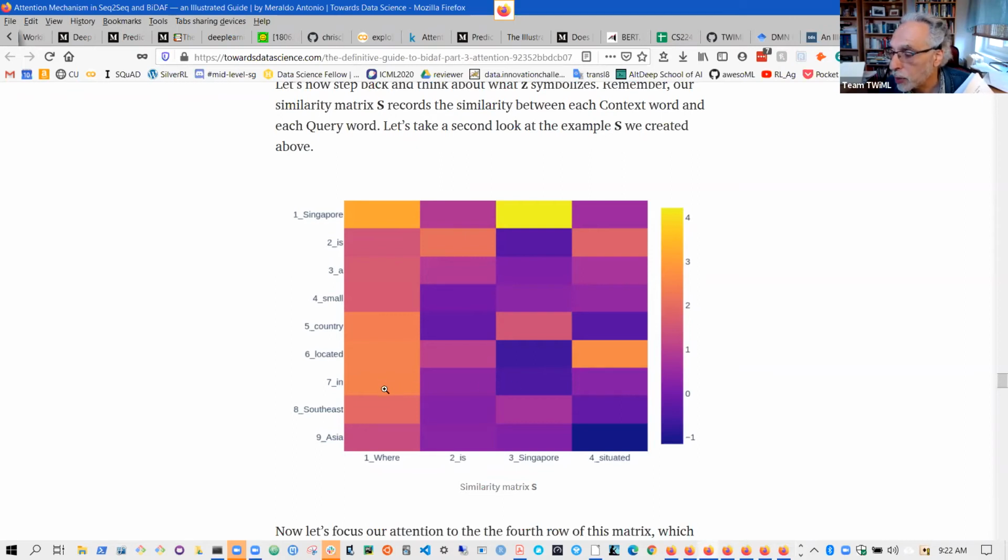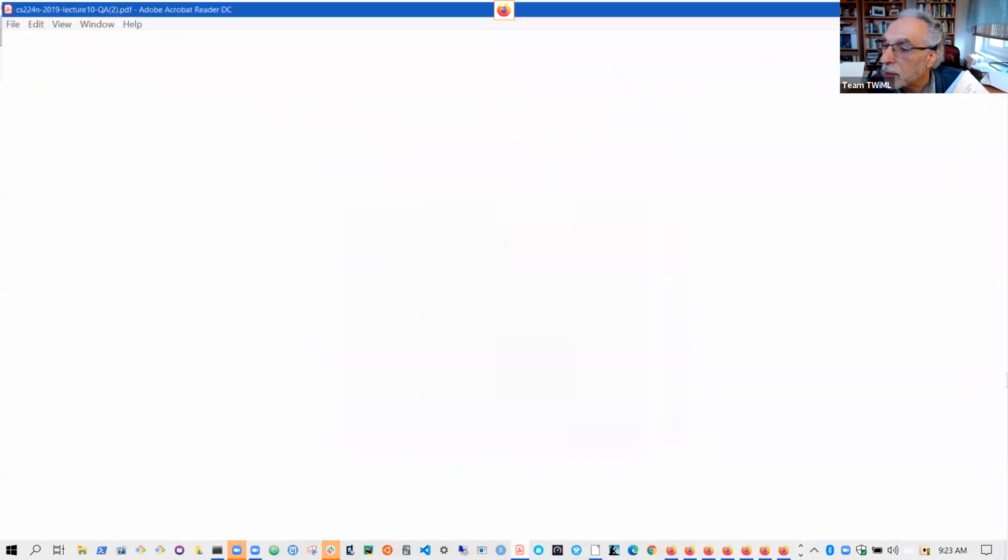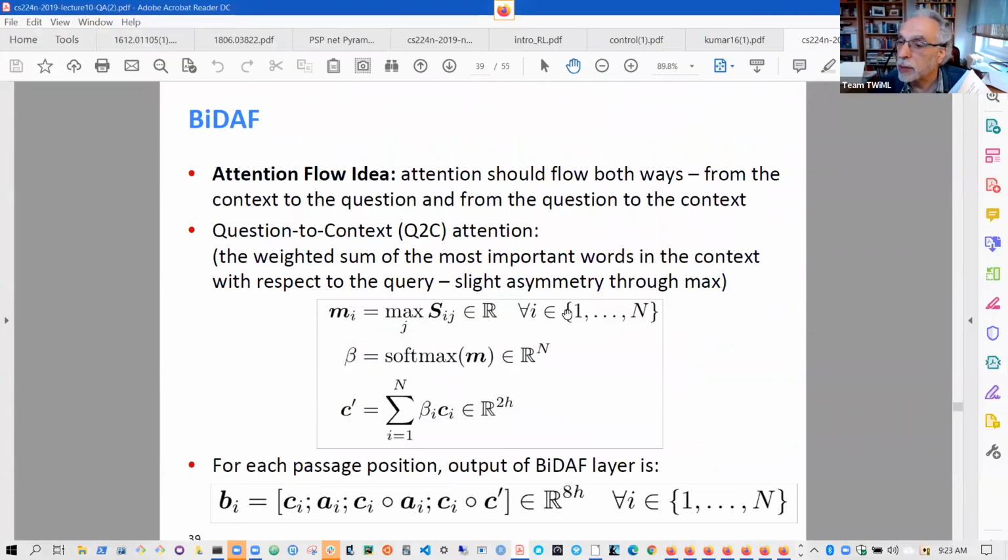In that way, you can create the M_i vector. You do that for each of the context words, and then you end up with the M_i vector. Does that make sense? Okay, that's where we are here, the M sub i's.